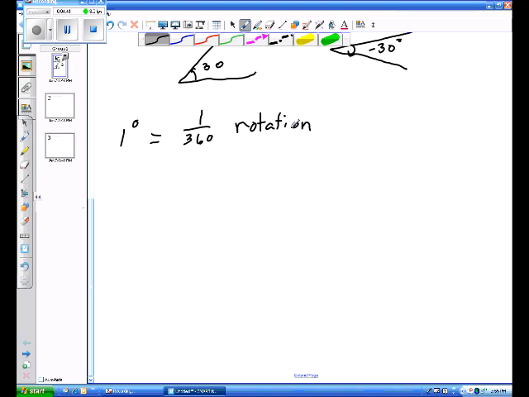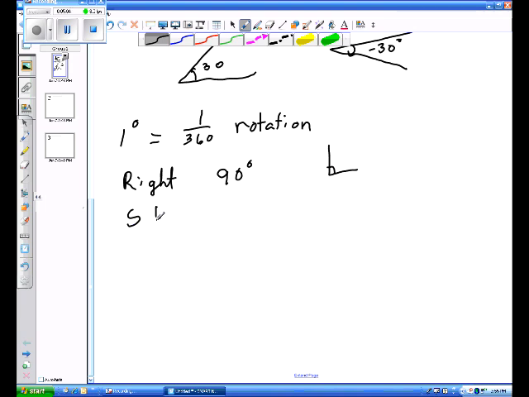So a degree is referring to an amount of rotation. We have some special angles that we'll refer to. A right angle is an angle that measures 90 degrees. And we'll mark a right angle by putting a little square in the corner.